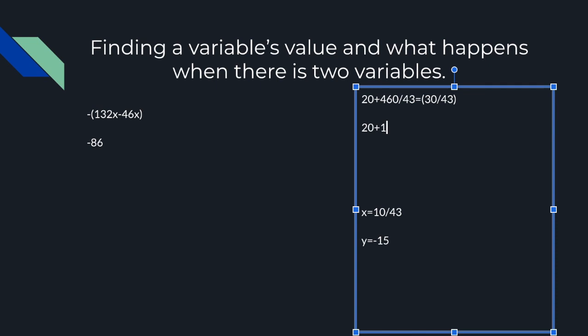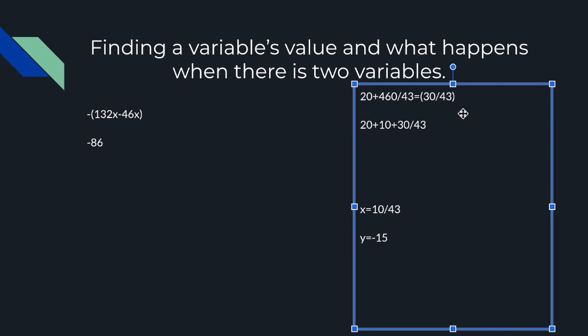That's 10 and 30 over 43. 10 plus 30 over 43. So 20 plus 10, but plus 30 over 43 becomes this.